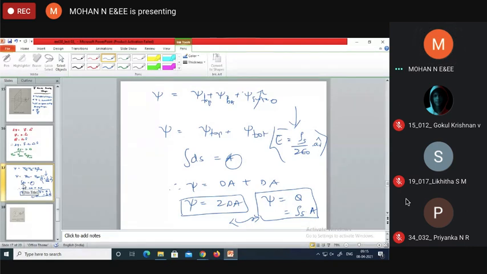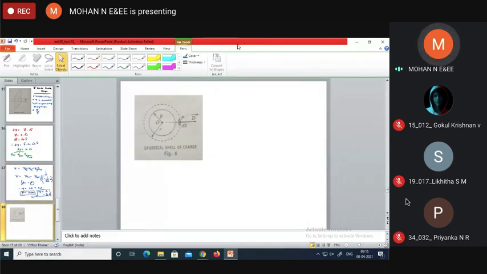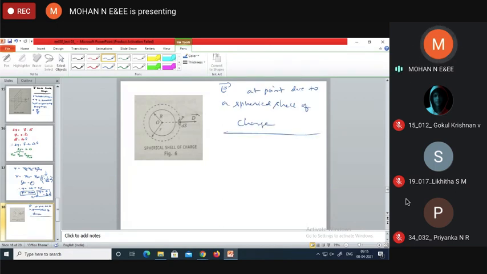Yes. Next concept. We have to find the intensity, the application of Gauss law to find E at a point due to a spherical shell of charge.